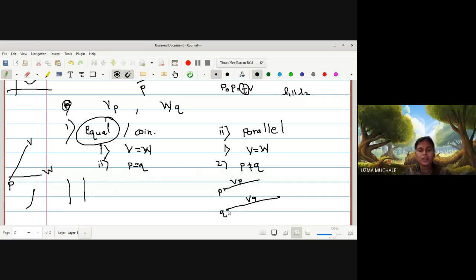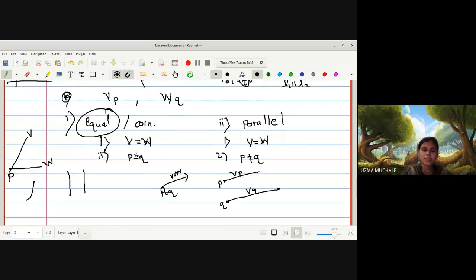Imagine that you and your friend on two different bikes are going in the same direction. Your points of application are different, but your vector part is same. That means your directions are same. Coincide means only one person is traveling. That means point P is equal to Q and the vector part is also same. That is called equal vectors, coinciding vectors.